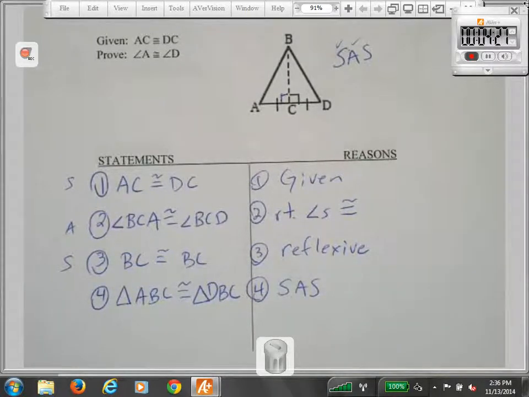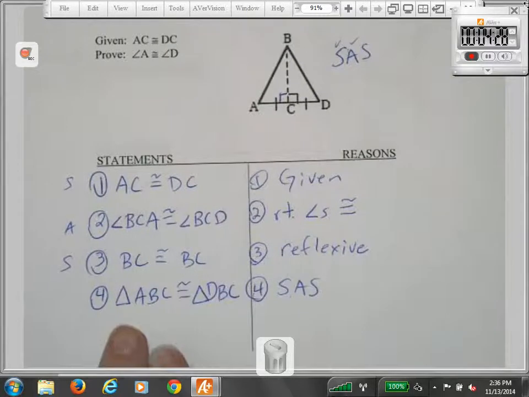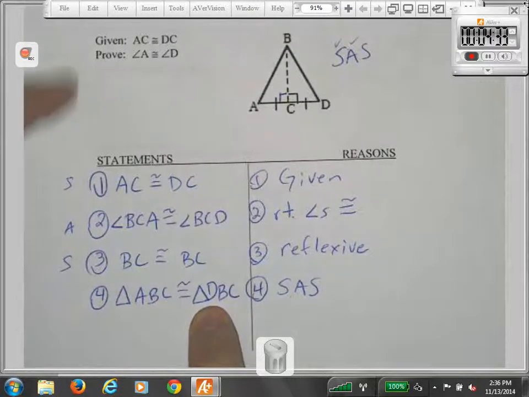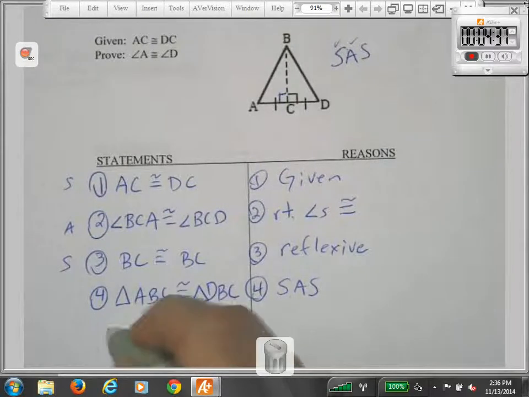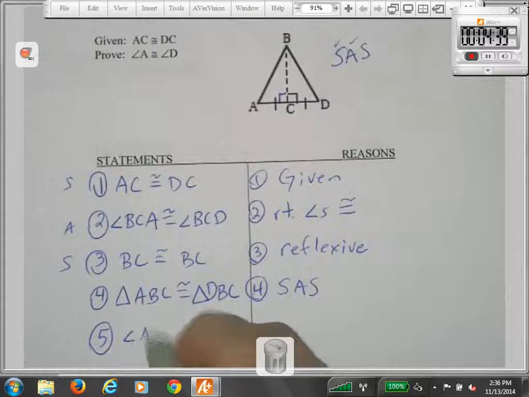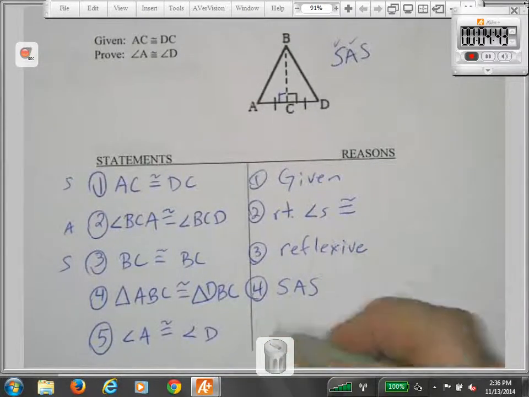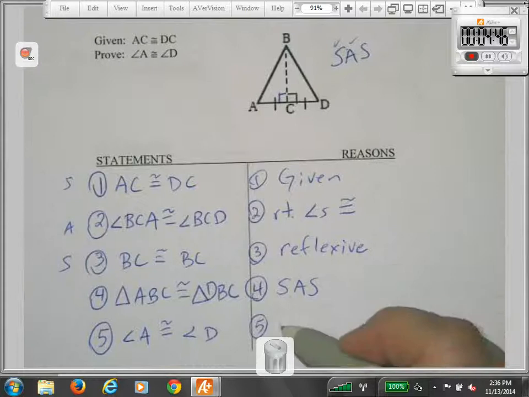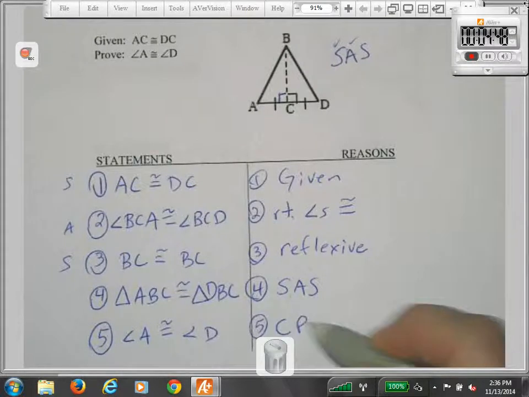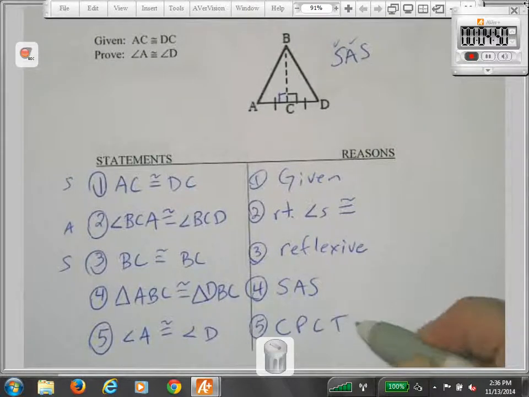And now we can see just from our congruent statement that angle A is going to equal angle D, which is what we were trying to prove in the first place. So we can go right to that point and say that angle A is congruent to angle D. And this is by corresponding parts of congruent triangles are congruent. And we're done.